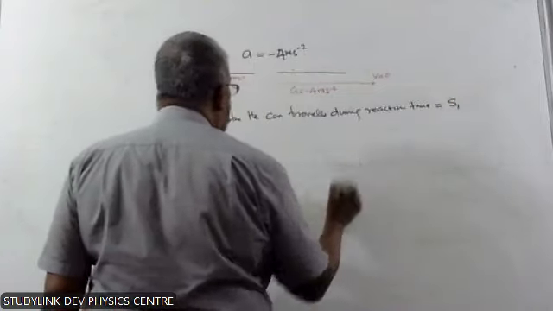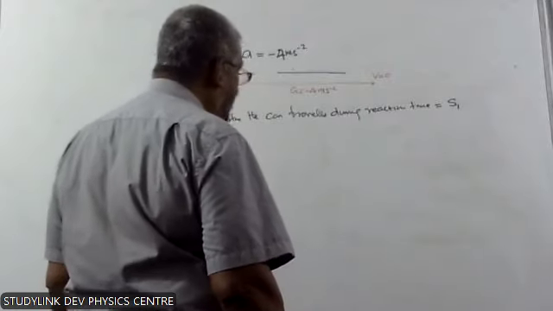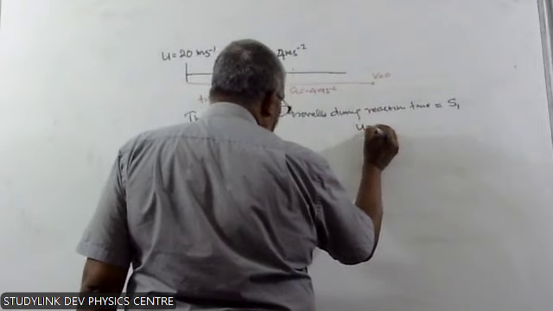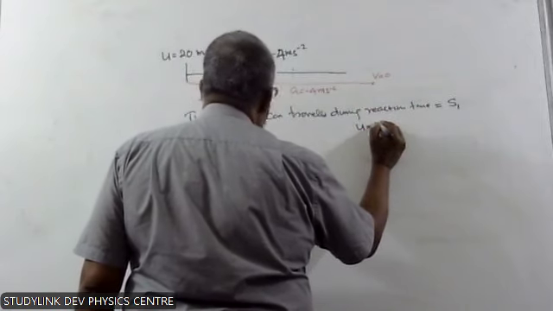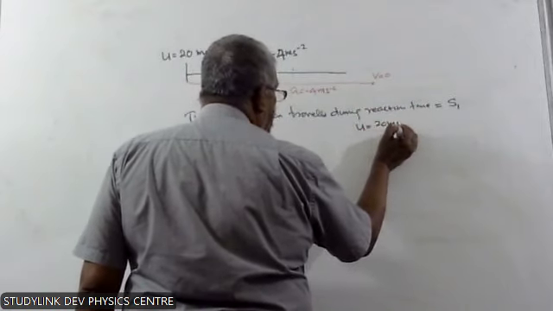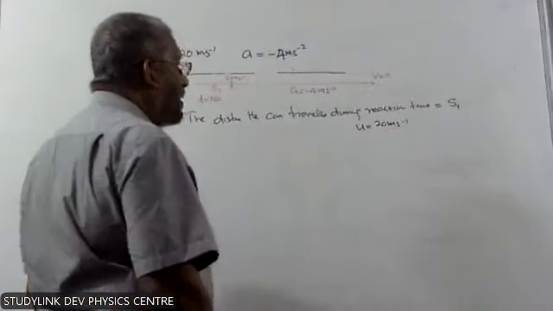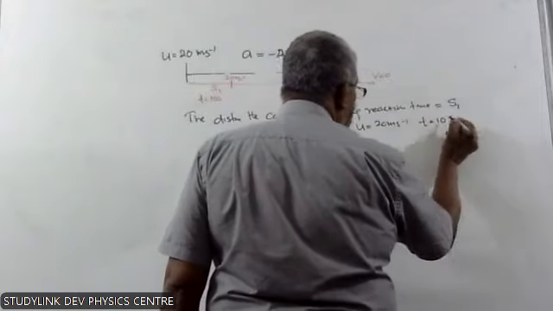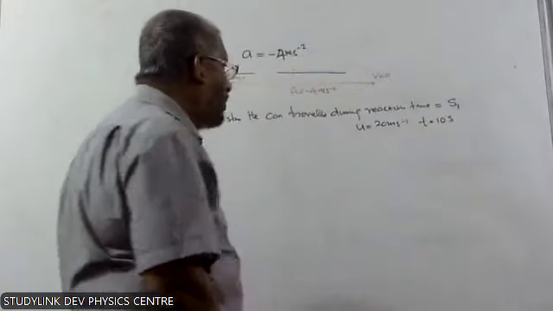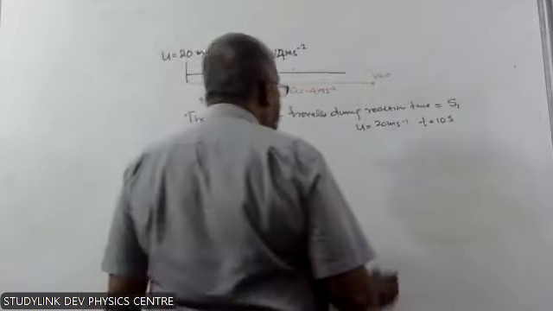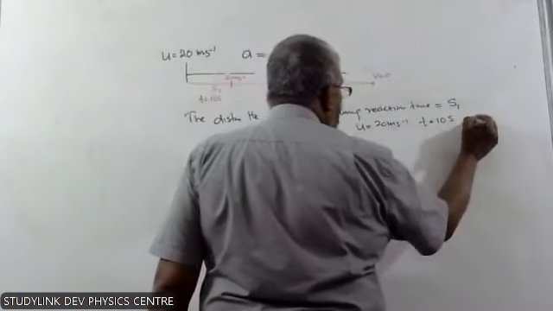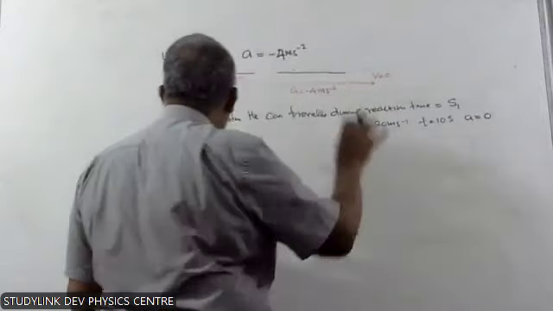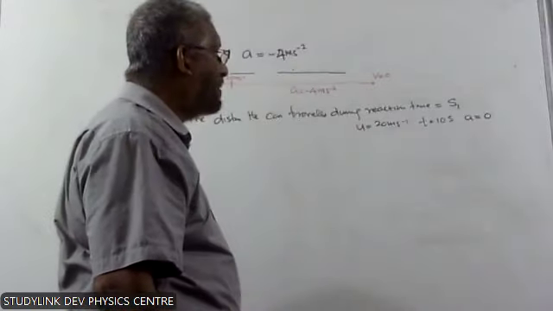So S1 is equal to, actually we can apply s equals ut plus, u is constant. u is 20 m/s. Then t is 10 seconds. Then we have to know another thing, that is no acceleration here, or deceleration. a is 0. In the reaction time, it's moving with the same constant velocity.